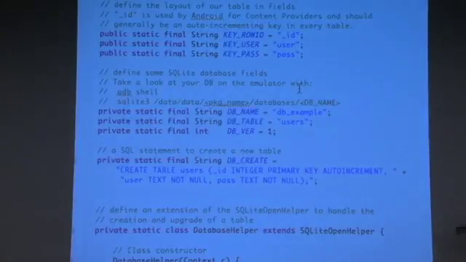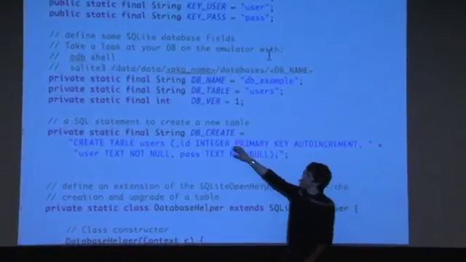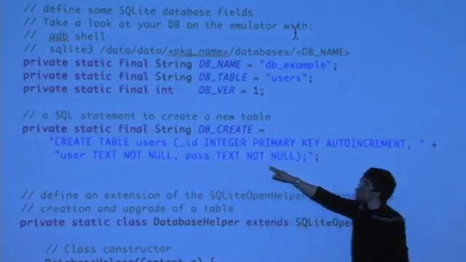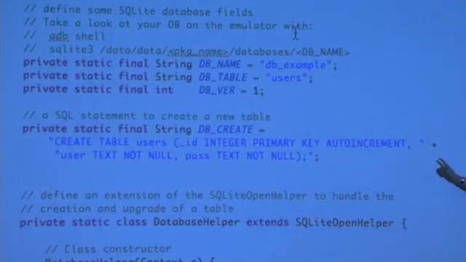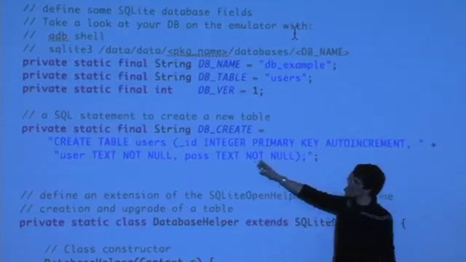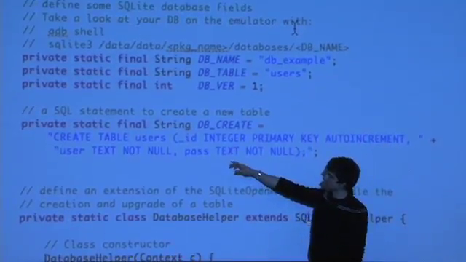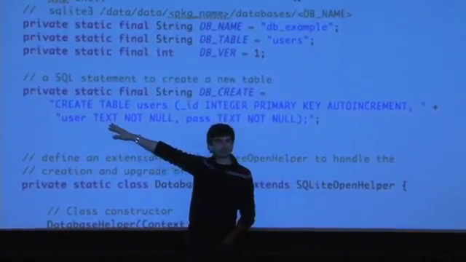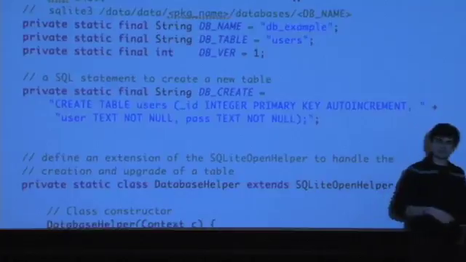So in this case, we can see the dbCreate statement. We want to create a table called users with the field _ID, integer primary key, autoincrement. All of these are SQL specific. I'll have to do some hand waving and refer you to the documentation if you're not too sure what they mean. Then we need another field called user that's of type text, and a password that is of type text.